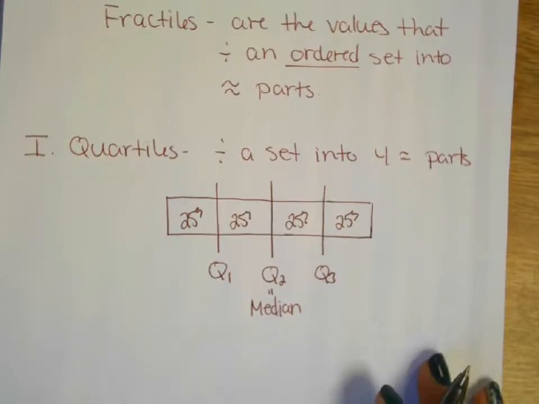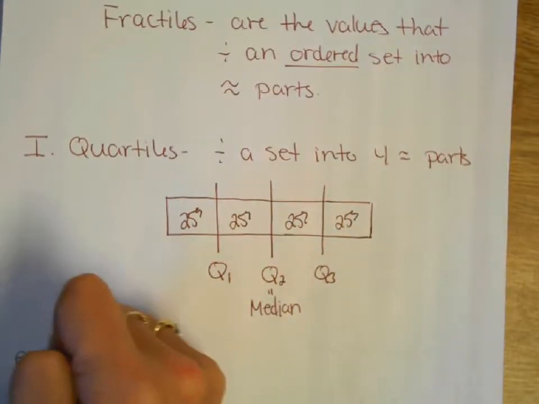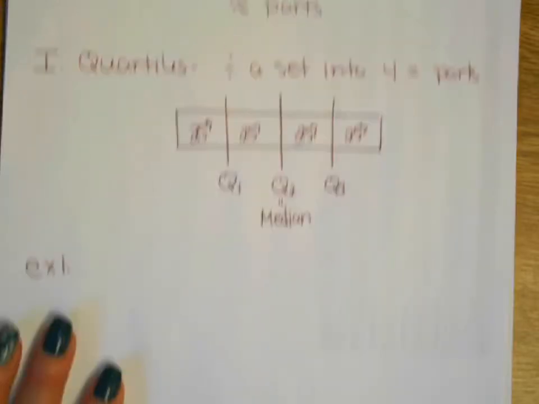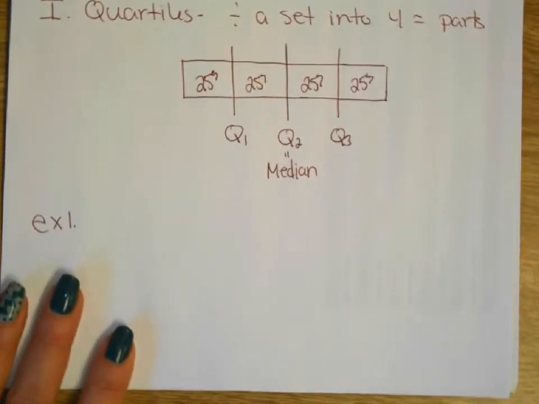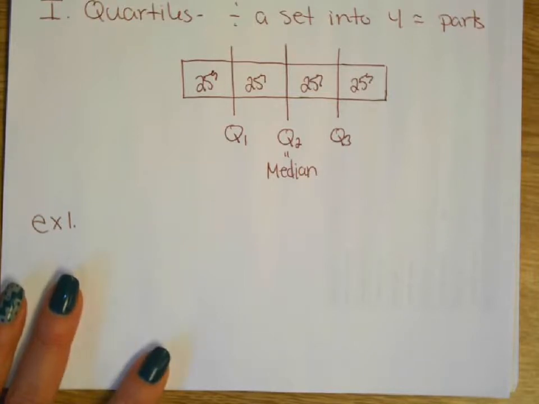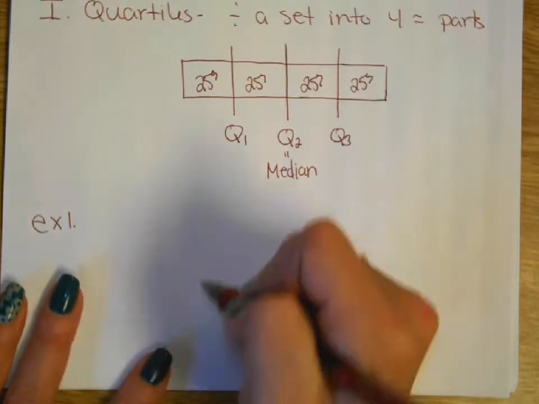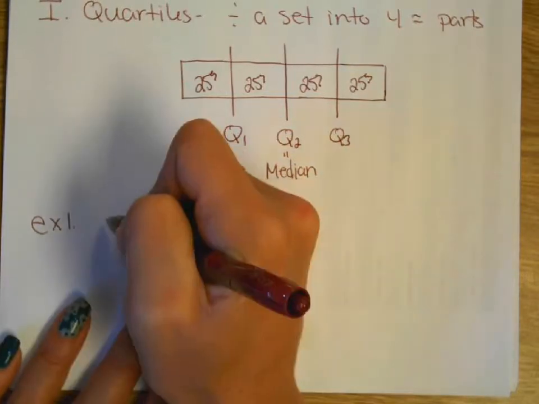So let's practice quartiles. So let's say first test, 13 test scores. And I'm going to go lowest to highest. I'm going to give them to you. So just listen and write them down. Don't just bob your head up and down here.